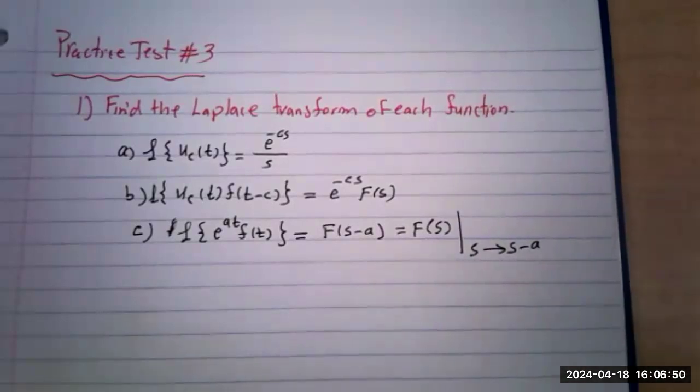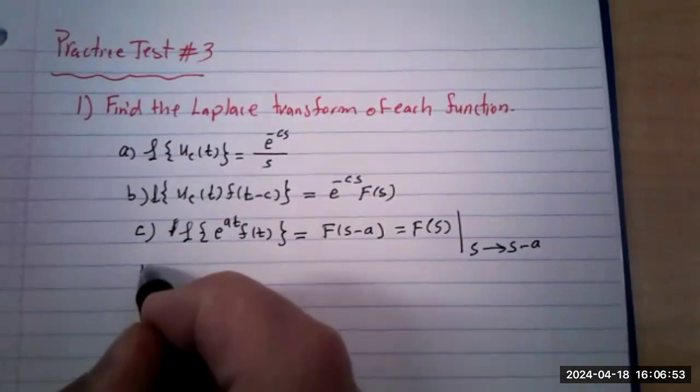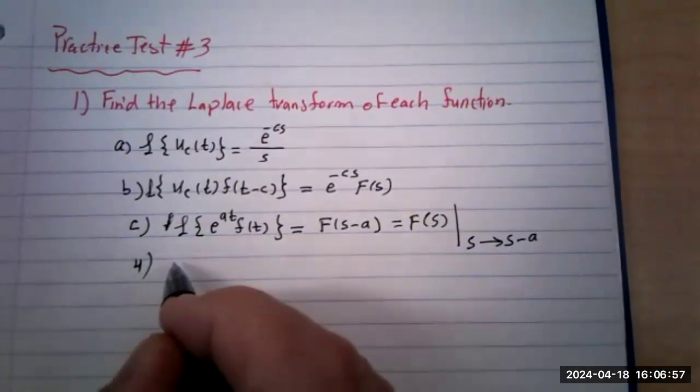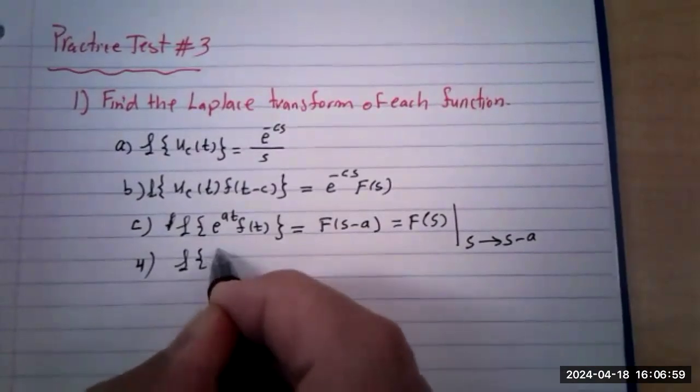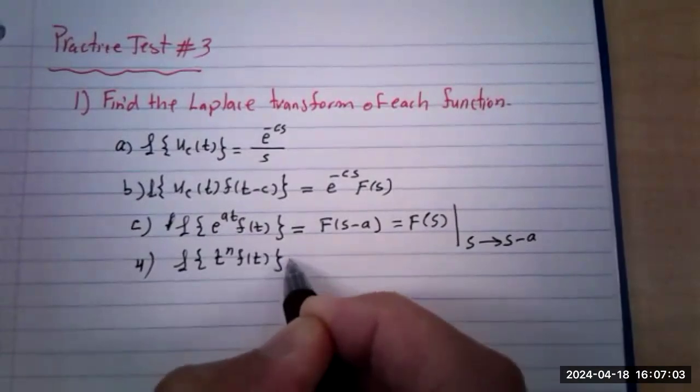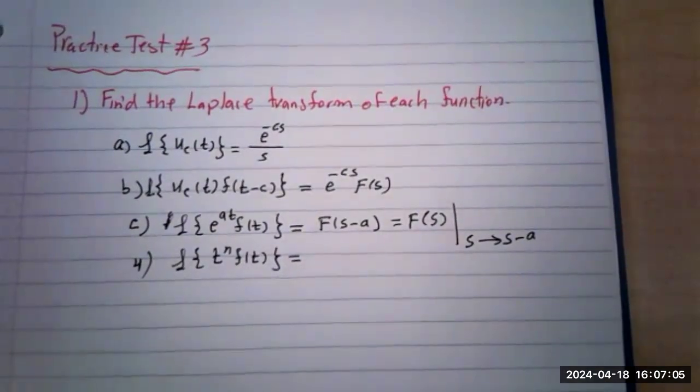And the next one is, if you have the factor that is a power of t, let's say the Laplace of t to the n f(t), as soon as you see this t to the n, you have to go with the derivative of the Laplace transform, remember?